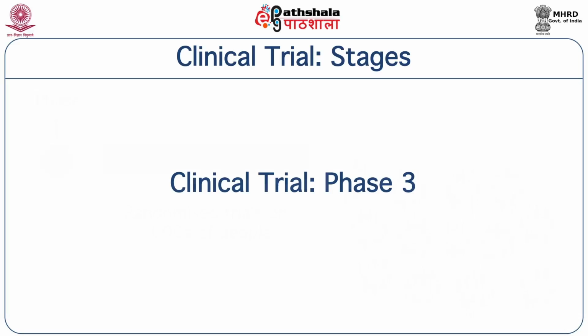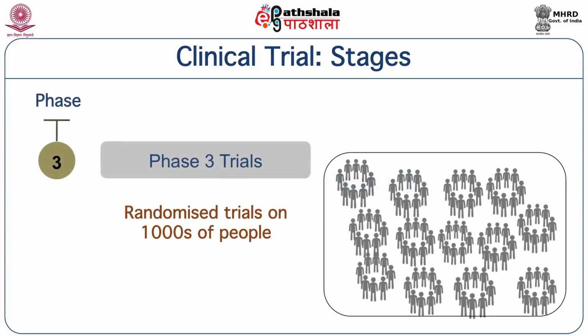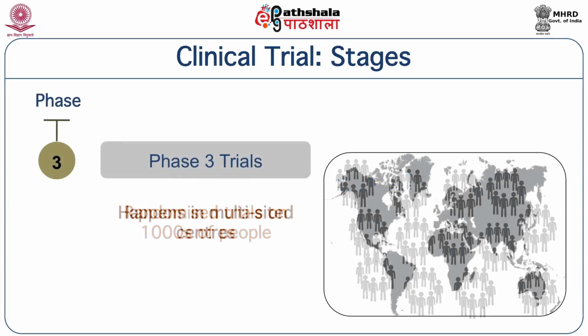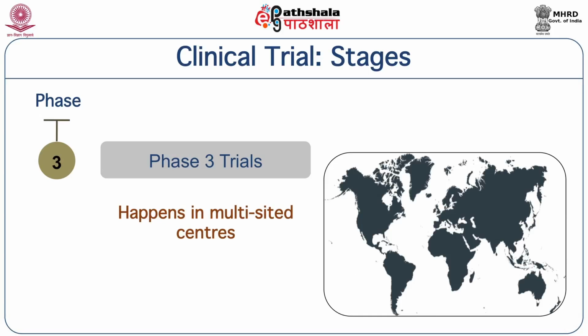Phase 3 is a randomized trial done on thousands of people. Phase 3 trials are conducted at multi-sited centers, meaning that trials are done in Kenya, India, Brazil, Japan. So it is a multi-sited recruitment. Hundreds and thousands of people are recruited into a single drug testing.